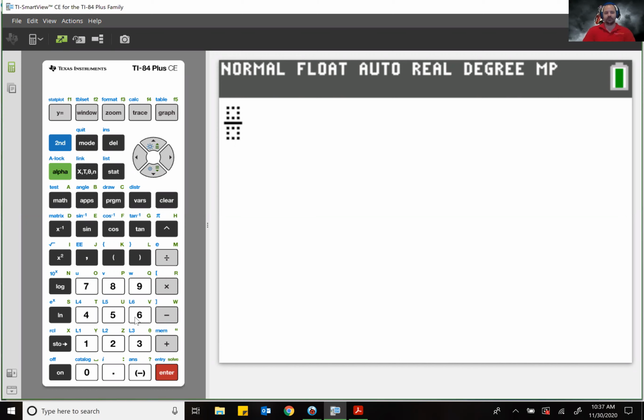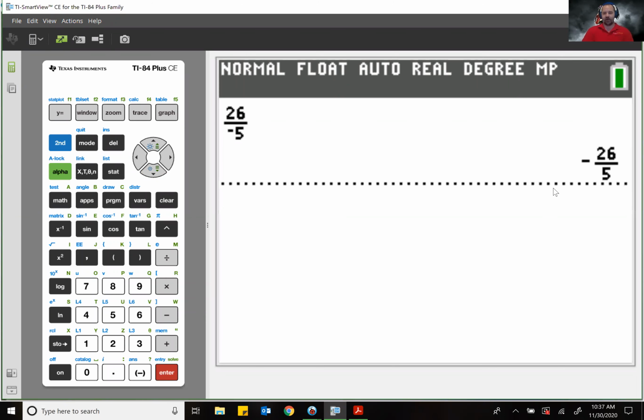All you do is 26 over negative 5. Hit enter, and there it is, the reduced fraction. If you don't know how to reduce fractions, let your calculator do it for you. So our answer for x is negative 26 over 5. And that's a-okay. That's one of our answers.